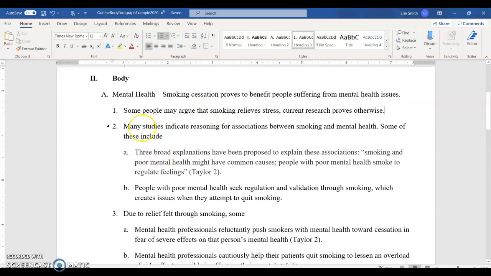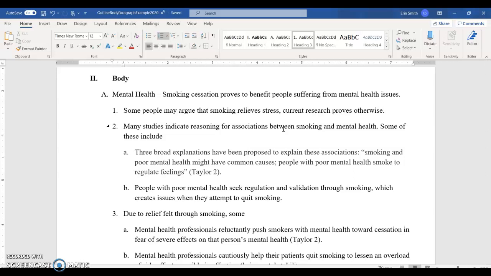Okay, so you notice I'm putting a lot of words here. So it's not just like one word outline. You're putting in at least phrases. I put sentences because, as I'm going to show you in the next step, I can just turn this into a paragraph when I'm done.